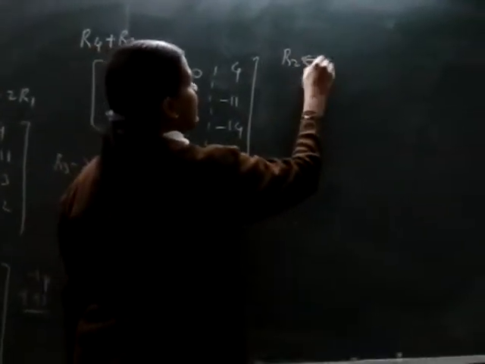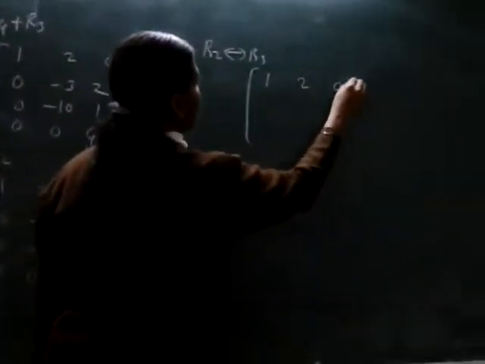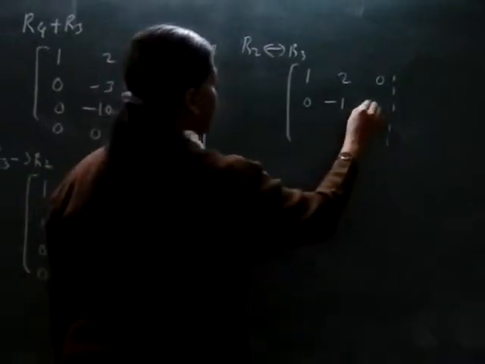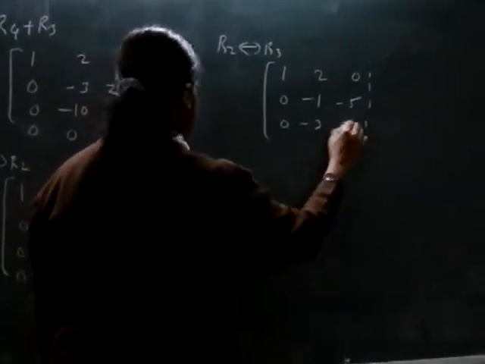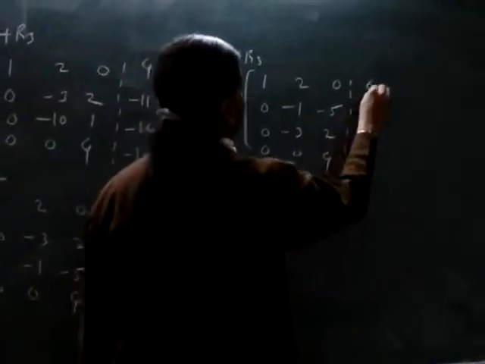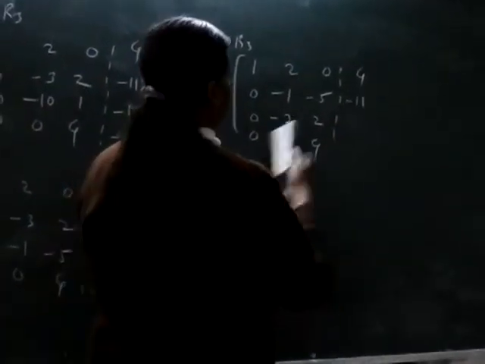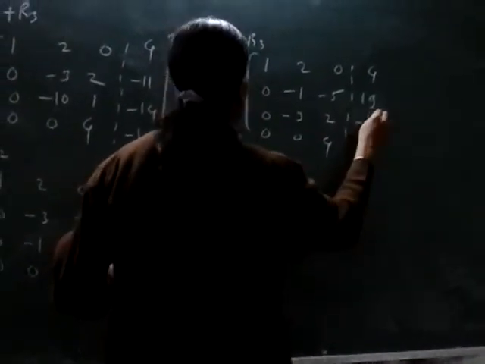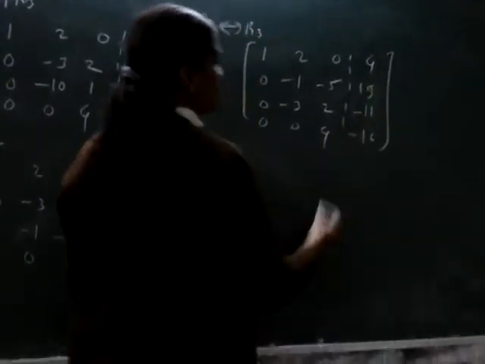Therefore, interchanging R2 and R3, that is 1, 2, 0, 0, minus 1, minus 5, 0, minus 3, 2, 0, 0, 4. It is 4 minus 11, so it is here 19 minus 11 and here is minus 16.